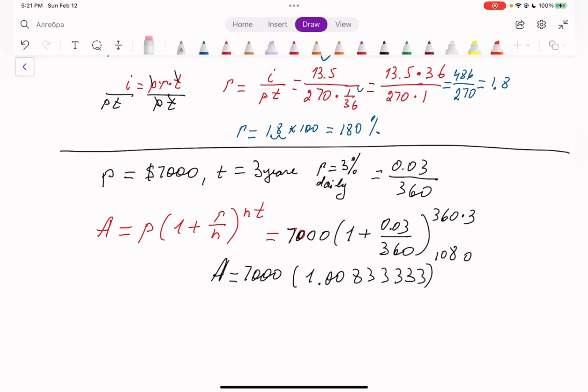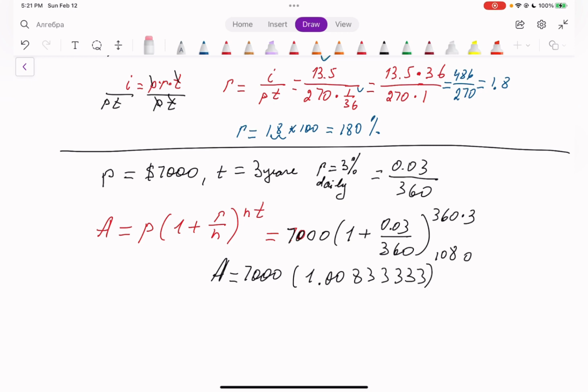Okay, so I'm going to flip my calculator on my iPhone; turned horizontally, it becomes scientific. And this number, 1.008 and the whole nine yards, I have to raise to the power 1080.